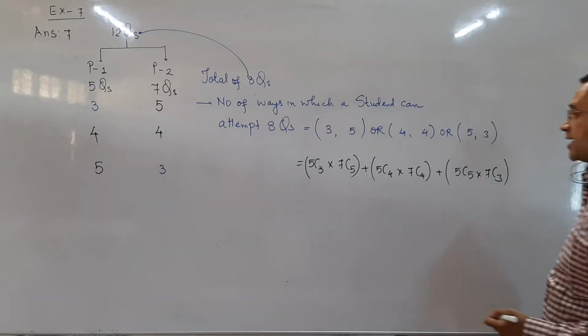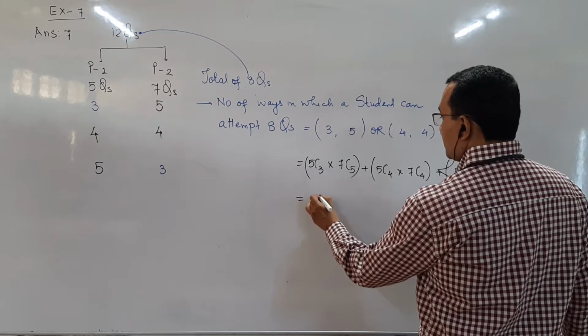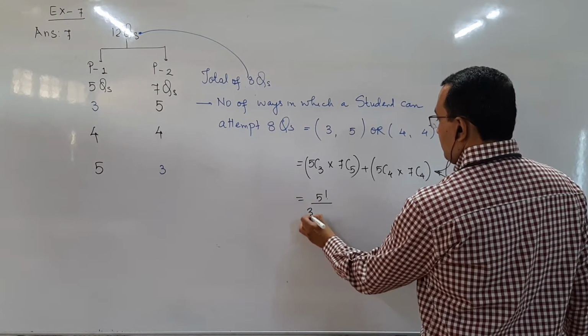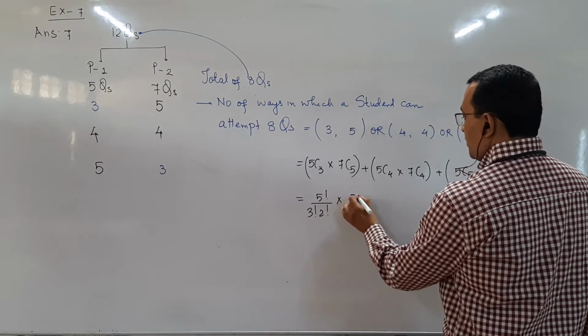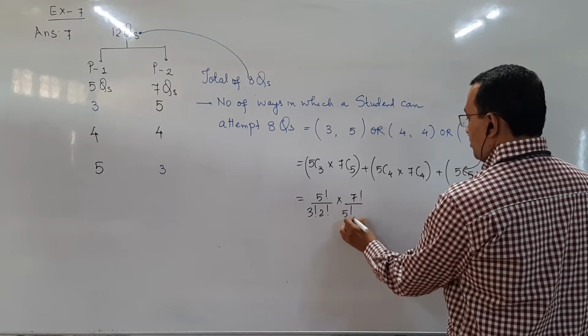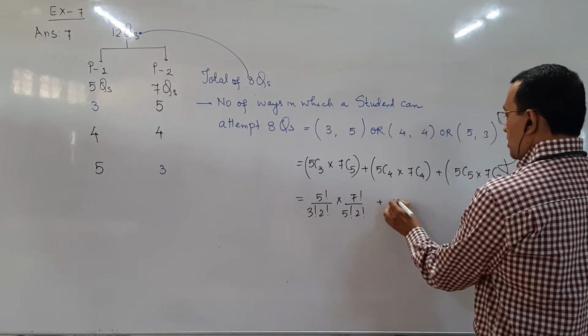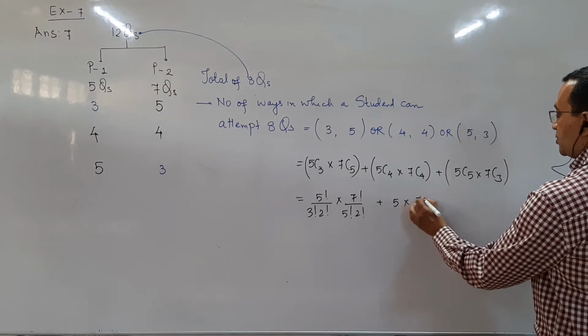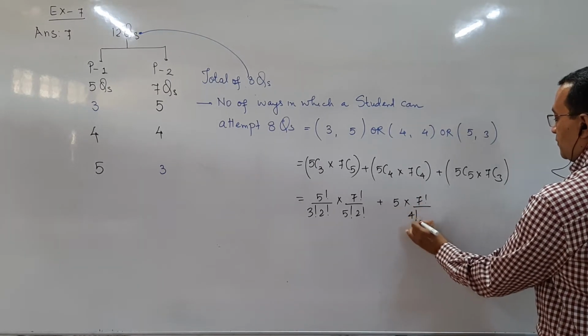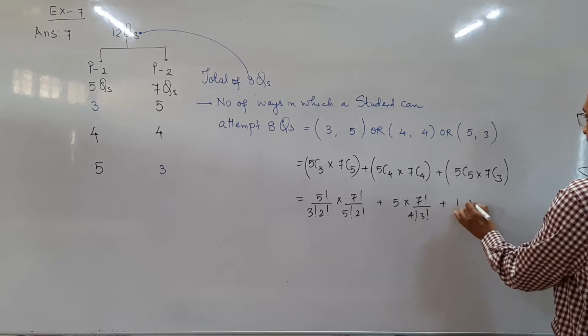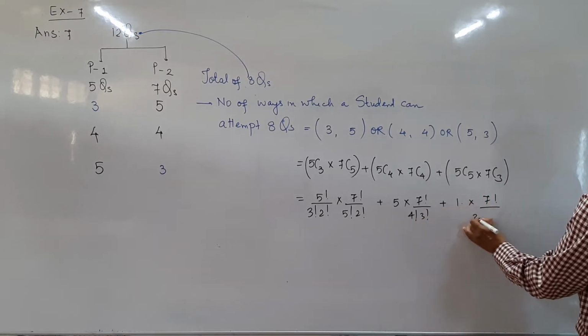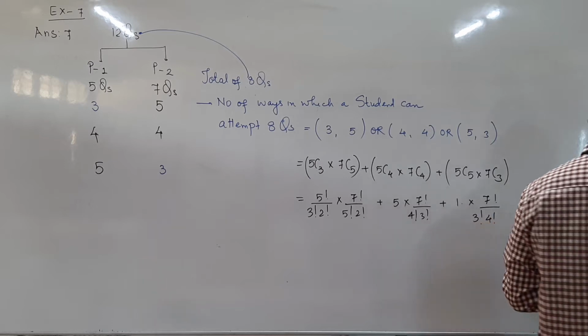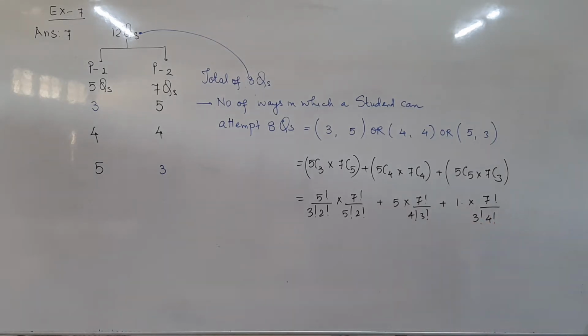So simplifying this, we get 5 factorial upon 3 factorial into 2 factorial, into 7 factorial upon 5 factorial into 2 factorial; 5C4 will be 5, into 7 factorial upon 4 factorial into 3 factorial; 5C5 is 1, into 7 factorial upon 3 factorial into 4 factorial.